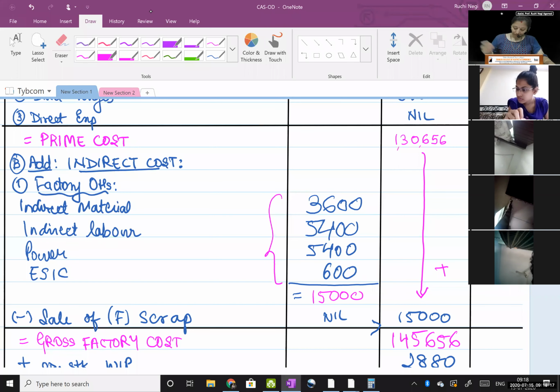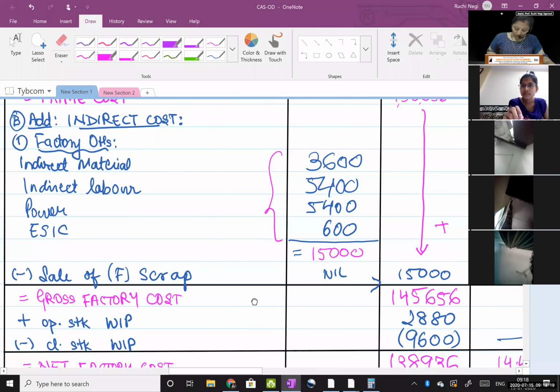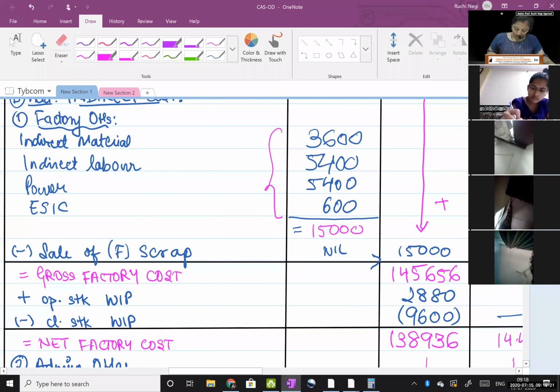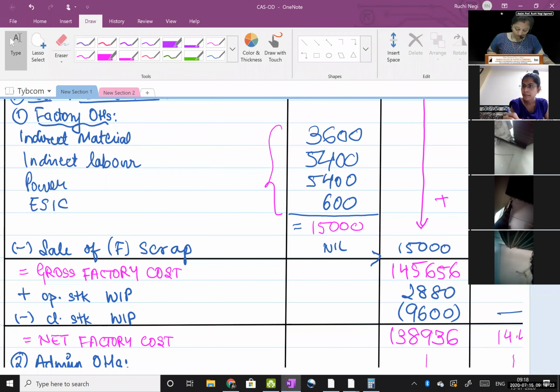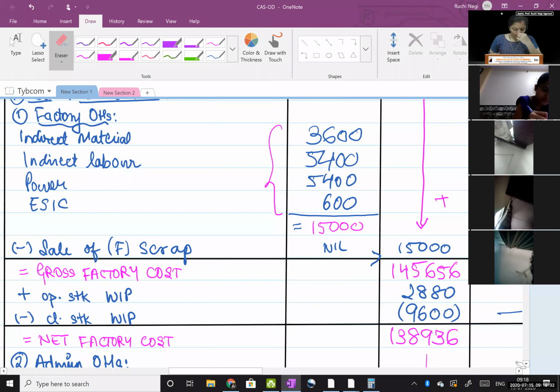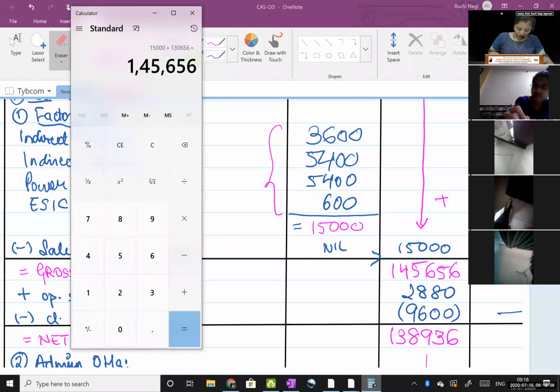Okay. Next, add opening stock of finished goods less closing stock of WIP. Sorry, students. Add opening stock of WIP less closing stock of WIP. Okay, so the amounts are given. So 1,45,656, add opening stock of WIP 2,880 minus closing stock of WIP 9,600.